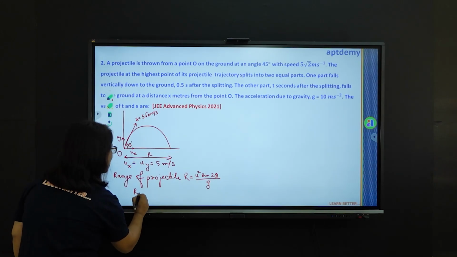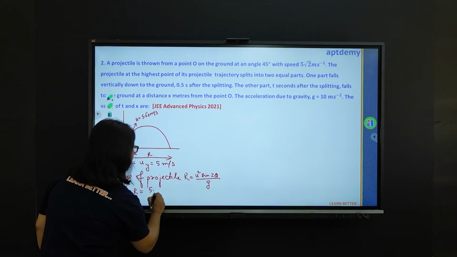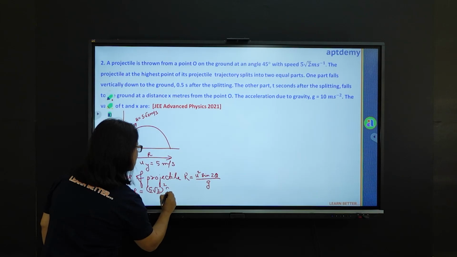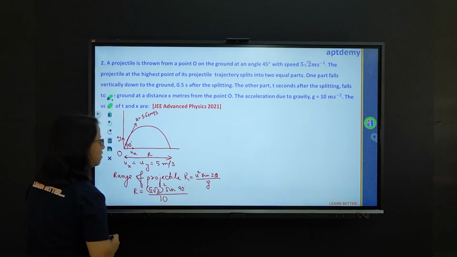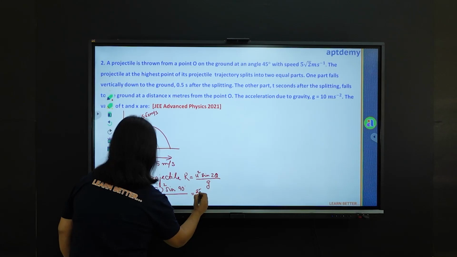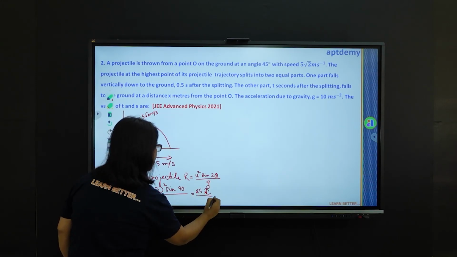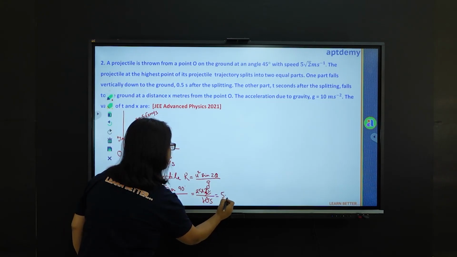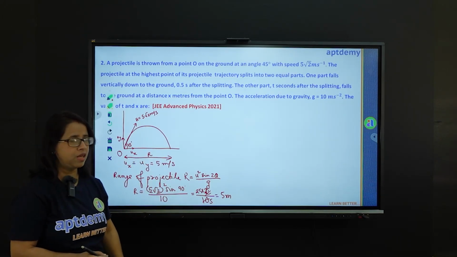So this will give us range as equal to u square, that is 5 root 2 whole square, sine 2 theta, that is sine 90 degree, by 10. Sine 90 is equal to 1. We have here 25 times root 2 square, which is 2, by 10. So this is equal to 5 meters. So we see that the range of the projectile is equal to 5 meters.